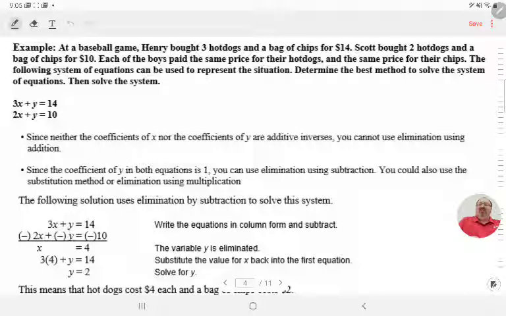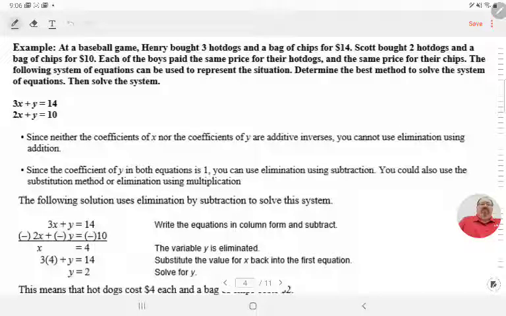Since neither the coefficients of x nor the coefficients of y are additive inverses, you cannot use elimination using addition. Since the coefficient of y in both equations is 1, you can use elimination using subtraction. You could also use the substitution method or elimination using multiplication. Okay? So there's a couple that you could use. The following solution uses elimination by subtraction.